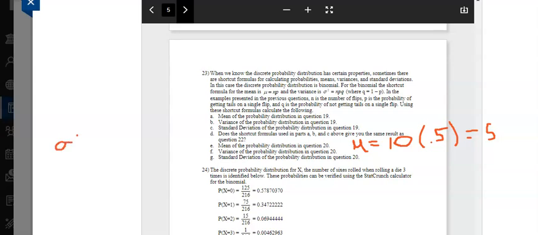So it's going to be n times p times q. So it's going to be 10 times 0.5. And q is again 1 minus 0.5, so it's 0.5 again. Whoops, that should be a 10. Just bad drawing there. So q is also 0.5. So that is going to give me, I think, 2.5. Let me put it in the calculator to be sure. Yeah.